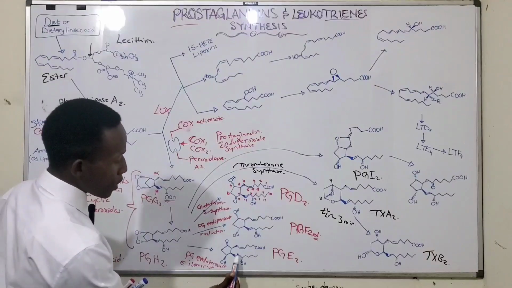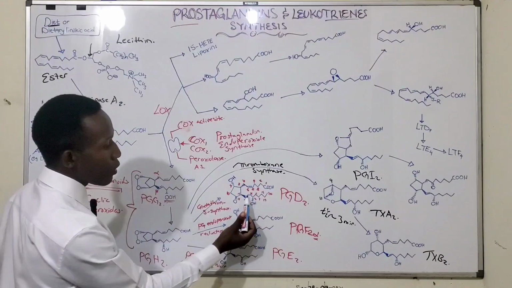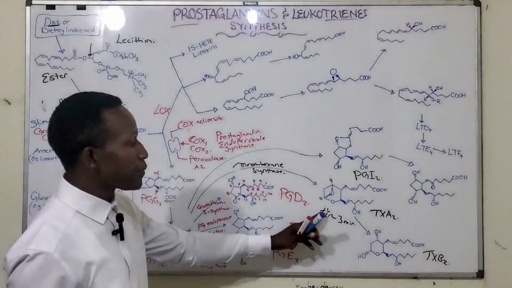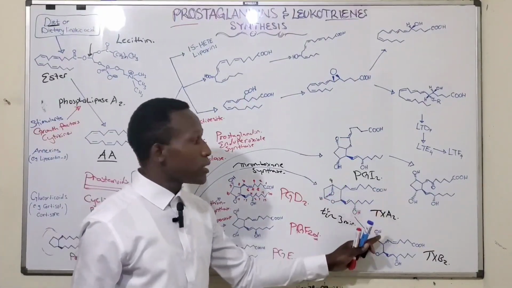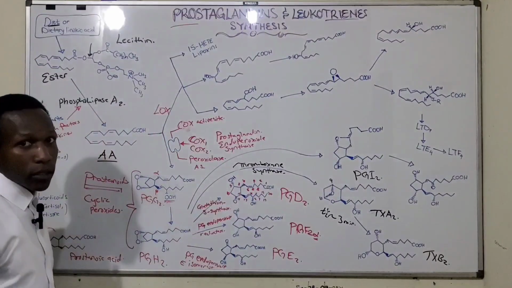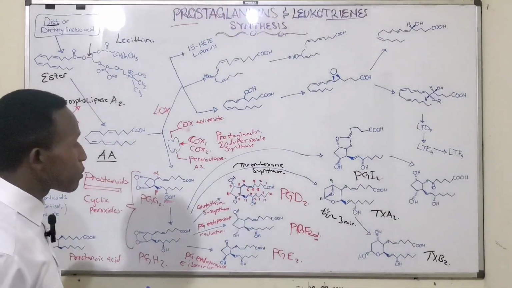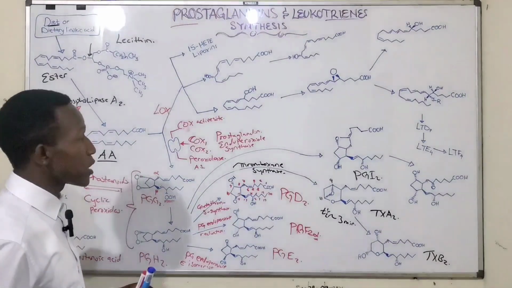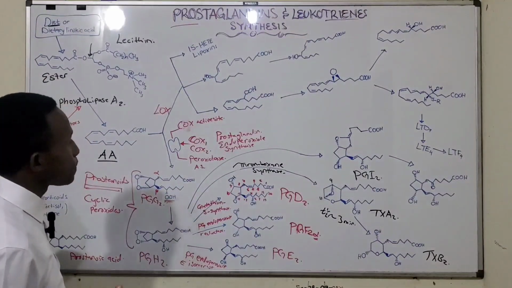So they are called prostaglandins A2, B2, like that, up to G2. But we have no prostaglandin A2, B2, or C2 because they are not natural prostaglandins. They are not synthesized in the body.